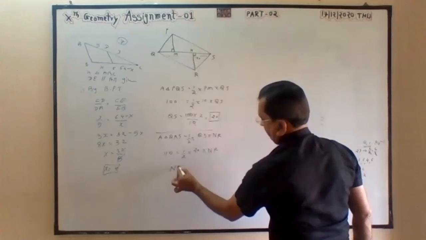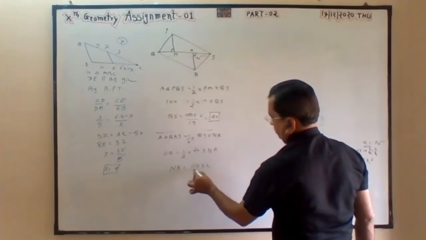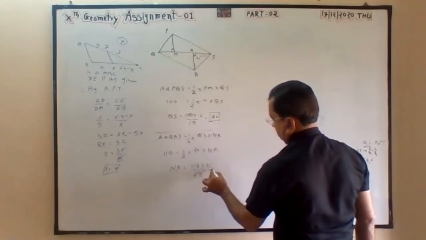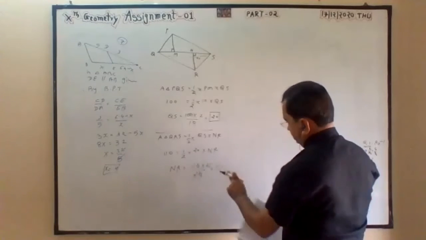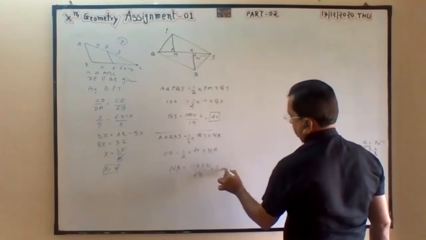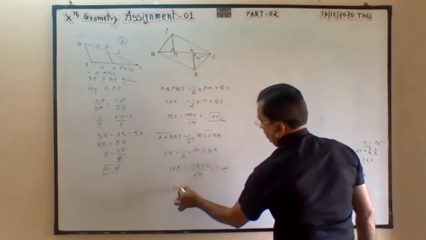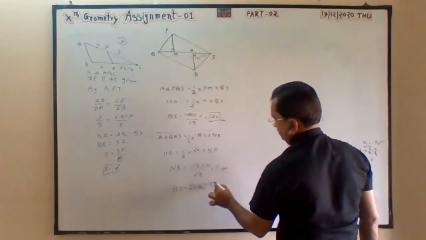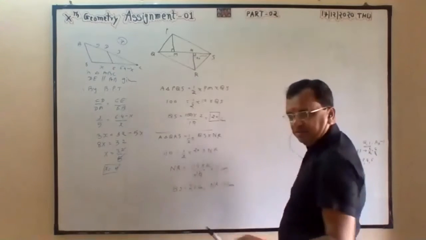So NR is what we want at the end. So 110 into 2 divided by 20. Centimeter is given. So at the end, QS is 20 centimeter and NR is 11 centimeter.